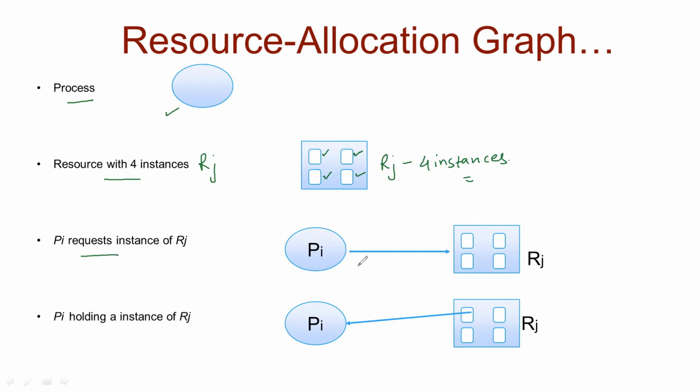And this is how we represent that process PI has requested an instance of RJ. This is a request edge. Now PI is holding an instance of RJ, meaning one of the instances of RJ has been allocated to PI. So this edge has now become an assignment edge.